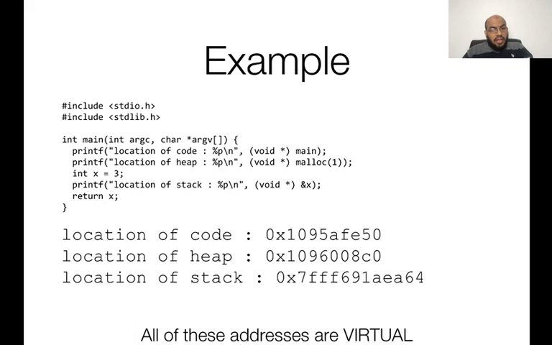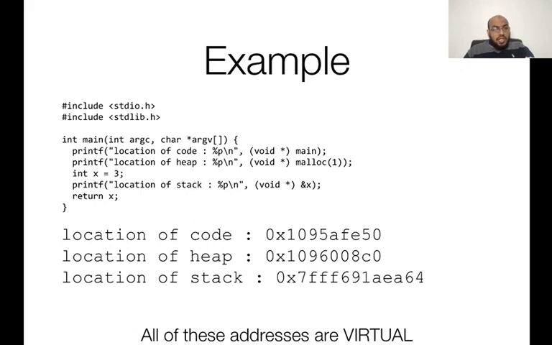They have the first 3 digits in common, 109, but then the code starts at 5 and the heap starts at 6. So you have the code on top, and then the heap right below it, and the heap increases downwards.